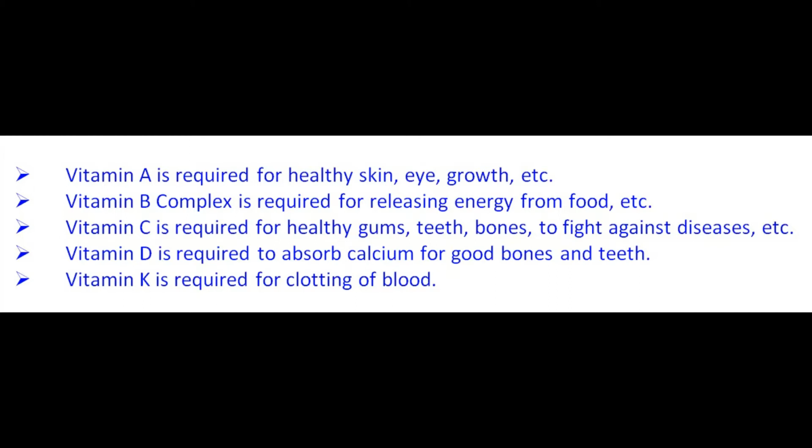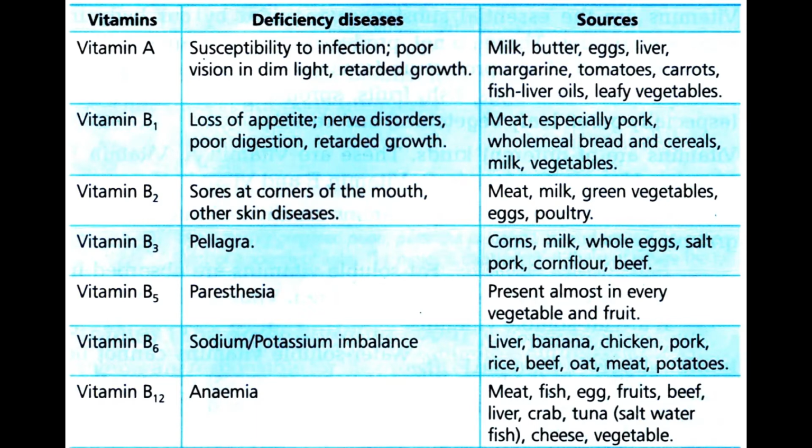Here is a detailed list of different kinds of vitamins. What kind of diseases occur if there is a deficiency of a particular vitamin in your body, and what are the best sources? Like vitamin A deficiency: we get infected very quickly, poor vision in dim light, night blindness, etc. Milk, butter, eggs.